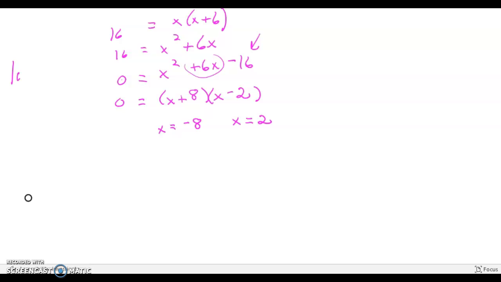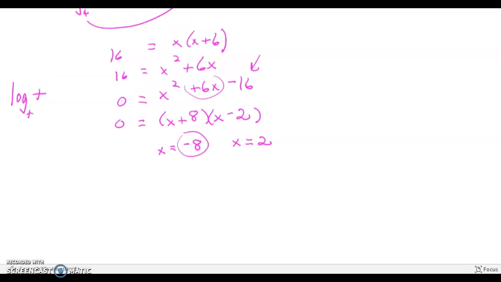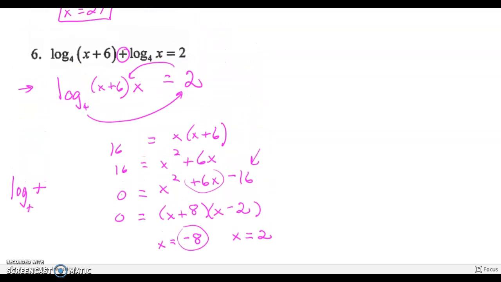So remember, after the word log, the base is positive and the number is positive. The negative 8 makes me kind of concerned. I'm going to go back to the original problem. If I plug negative 8 into the original problem where x is, you'll see I'll have log base 4 of negative 2 and log base 4 of negative 8.